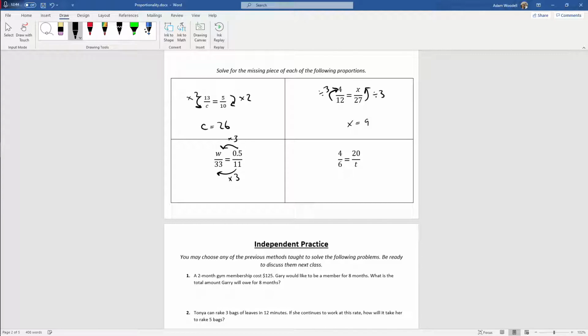Whatever I do to one part, I'm going to have to do to the other part as well. 11 times 3 got me 33, so 0.5 times 3 gets me 1.5. And then I can use the same kind of relationship here as well. If I'm trying to get from 4 to 20, well, that's just times 5, which means I need to multiply the bottom by 5 as well, and we all see that 6 times 5 is 30.